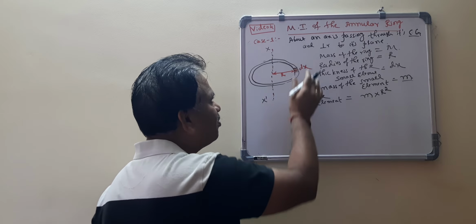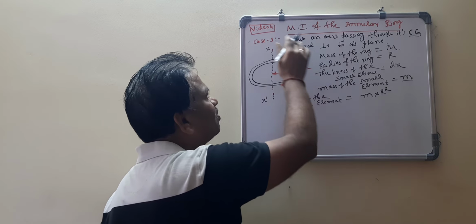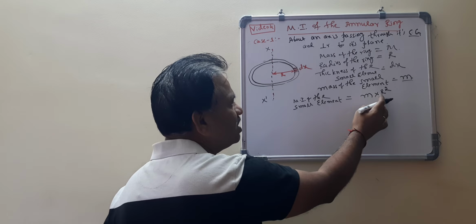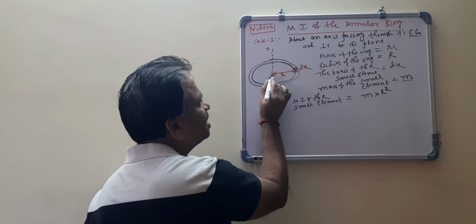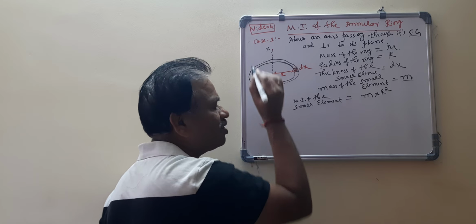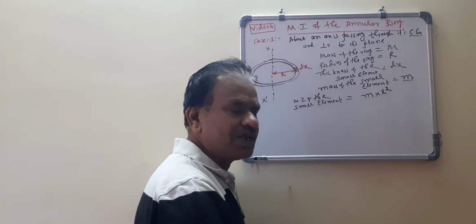But my object is to calculate for the entire ring. What is R here? R is the distance between this axis and the smaller element.